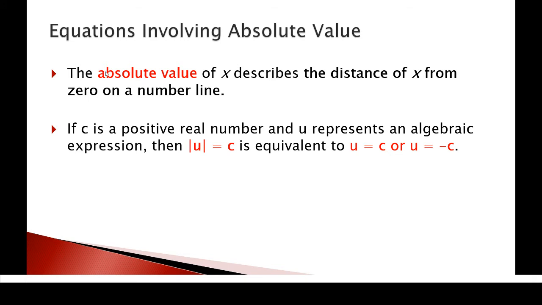That is the meaning of absolute value. If you have an equation like absolute value of u is equal to c, then this equation is equivalent to u is equal to c or u is equal to negative c. Right?